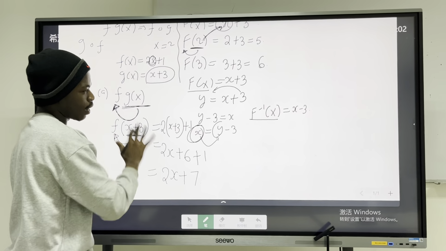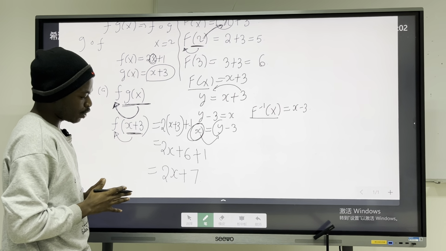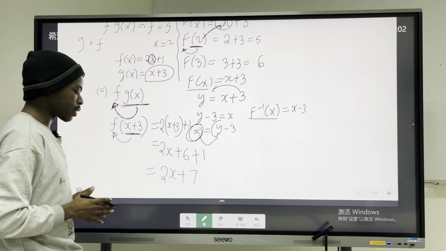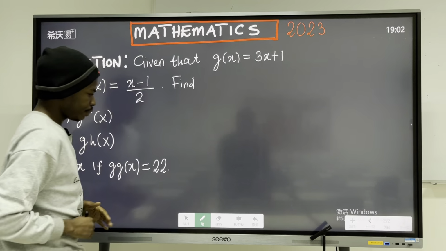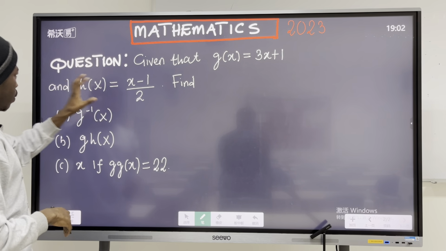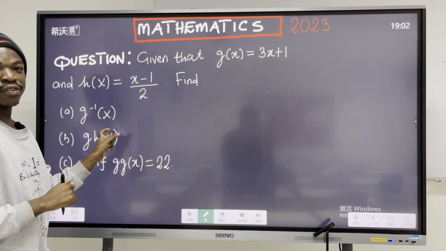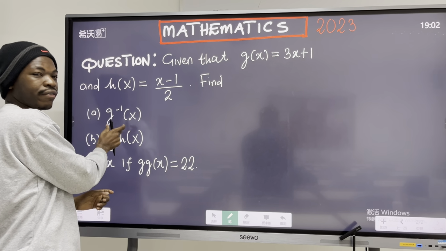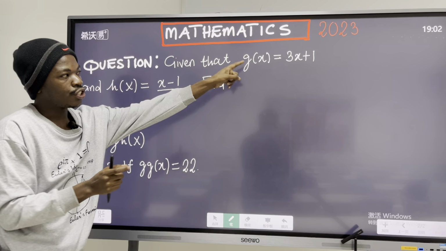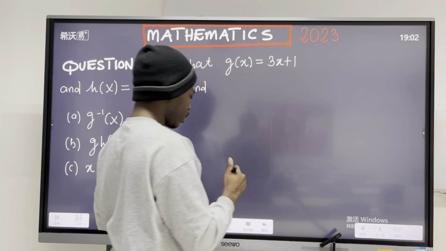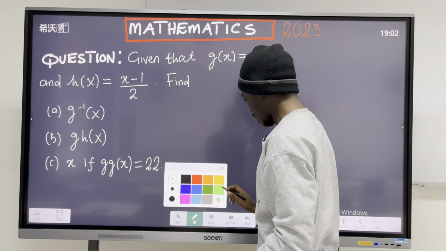So with this piece of information, let's try and understand how we can answer that question now. So we have this. The first question here says g inverse of x. So you want to find the inverse of the function g. So let's answer this together, step by step.